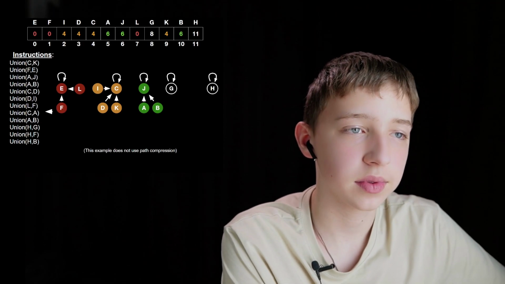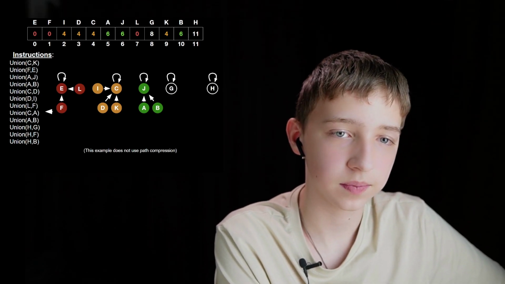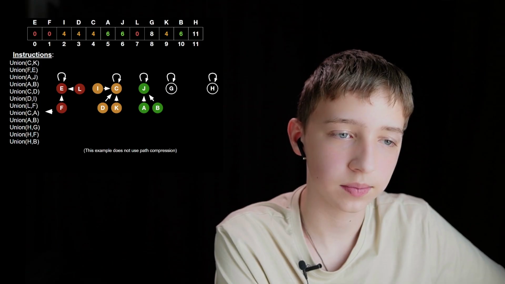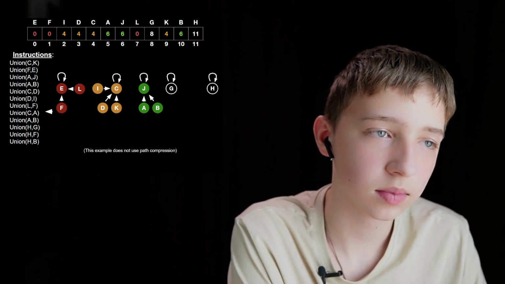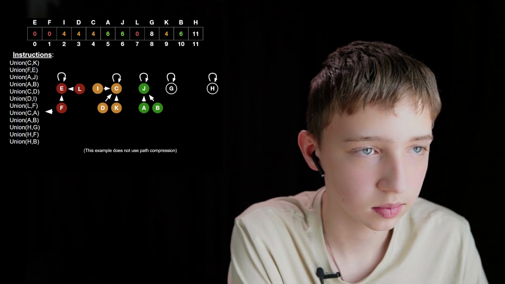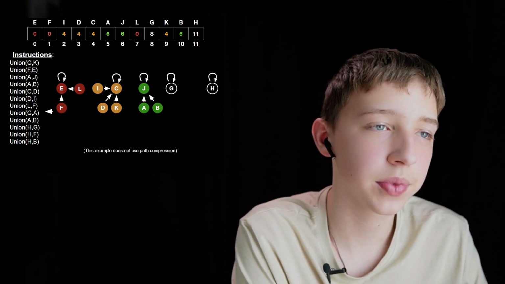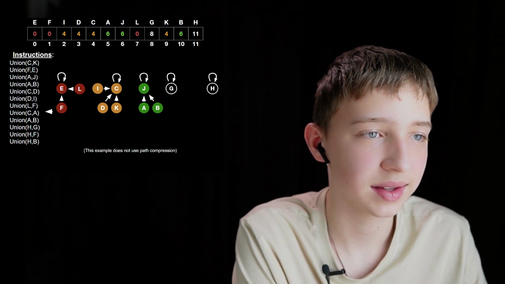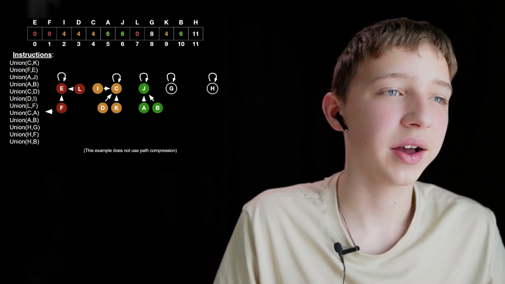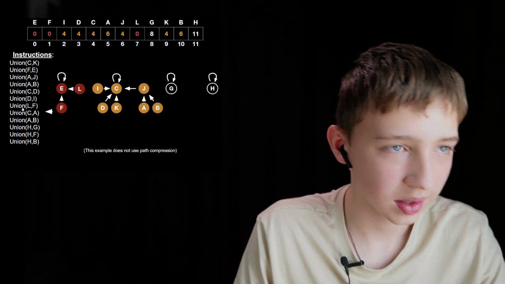Oh, so if the original index matches, then it's the root node. 4, 4, 6, 6, 8, 8. So that's always the root node, correct? Yeah. Okay, I understand now. I want to make sure I understood. Thank you for the question. Okay, go ahead.